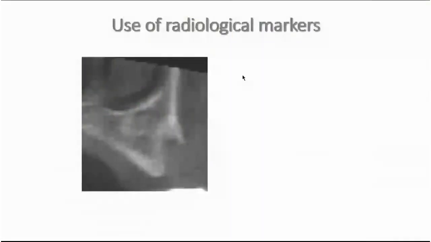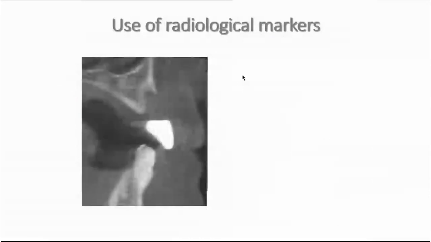So in a simple manner, we could use radiological markers. What could that be? It could be a handmade resin temporary crown, which will not give us a lot of artifacts, and we will be able to look at the exact shape of the tooth and the position of the tooth we are planning.